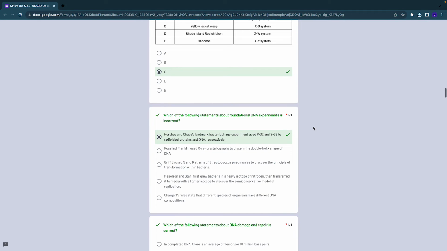All right. Which of the following about foundational DNA experiments is incorrect? The answer is this one. Hershey and Chase actually did use P32 and S35, but not to label protein and DNA respectively. Those two are swapped. P32 is found in DNA as phosphorus, and S35 is used for proteins.